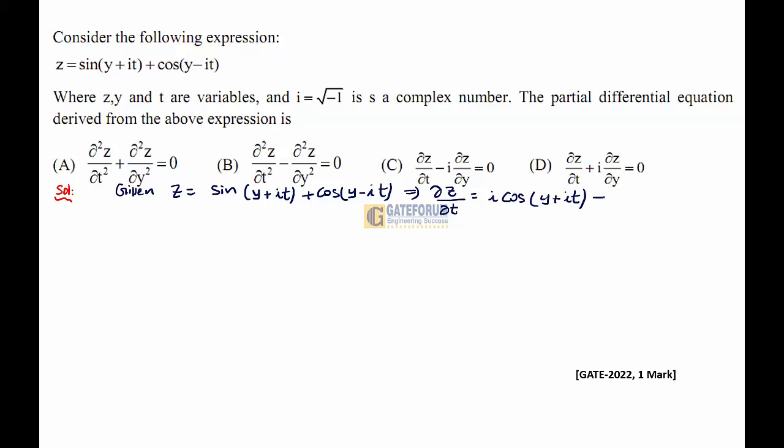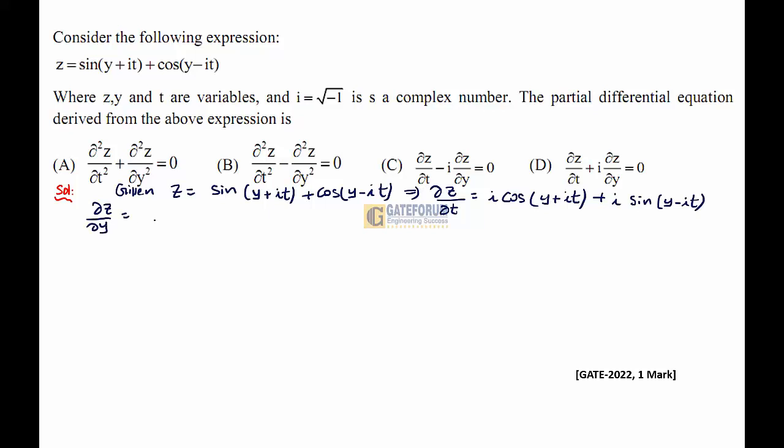So this becomes again plus i times sine (y minus it).